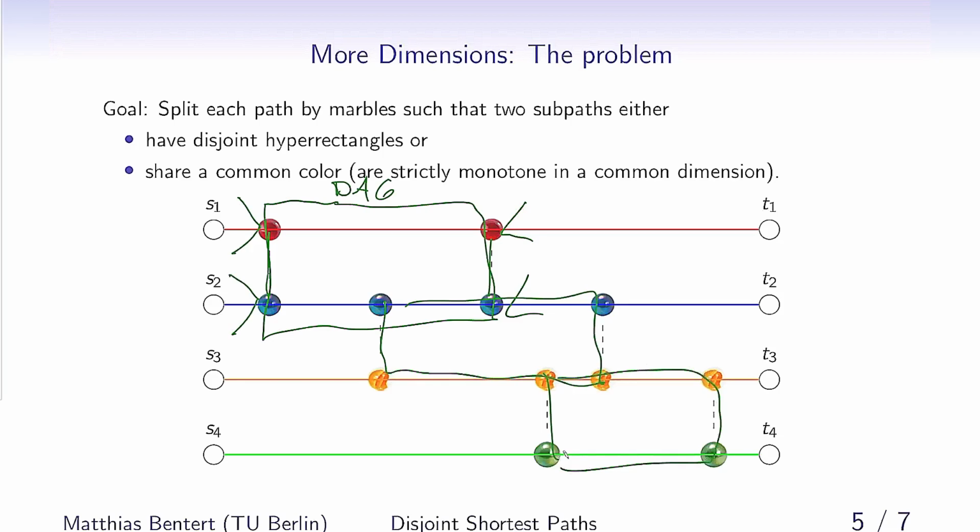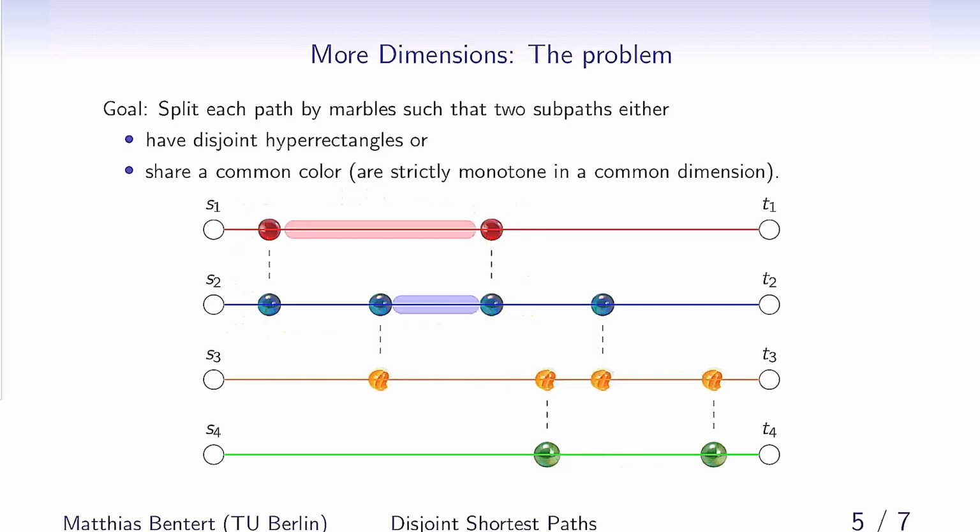Okay, but now let's consider this first part here, and we know it has to be in the same DAG as the vertices for this subpath of the blue paths here. Then we know that this has to be also in the same DAG as these yellow vertices here, because they share a common coordinate with these blue vertices here.